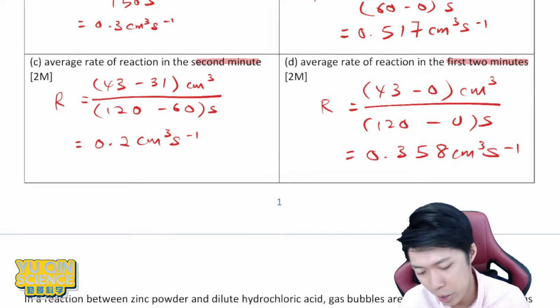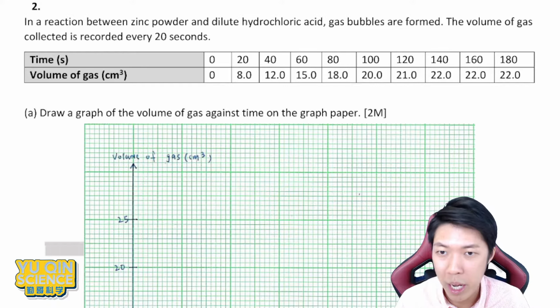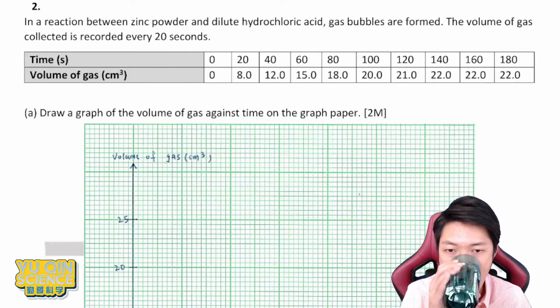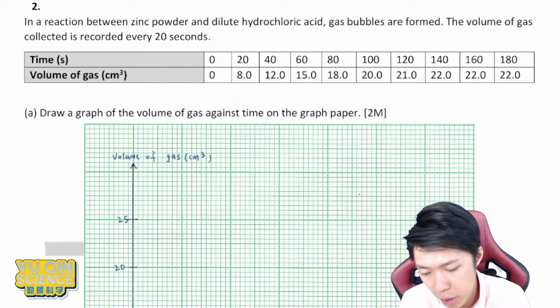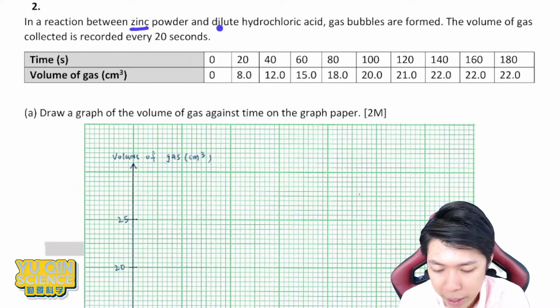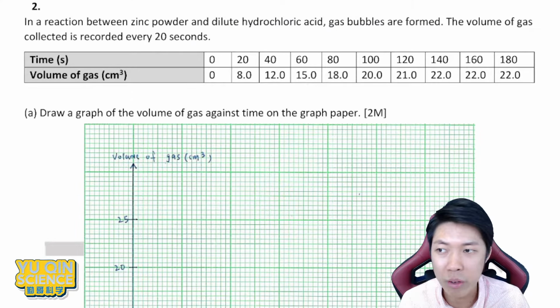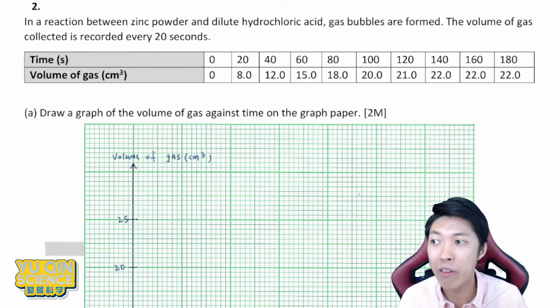Okay, we try another question. Question number 2, which is with graph. Okay, shall we? If you have graph paper or you have printed my material out, then you have this page with you, yeah? Okay, so zinc powder in dilute hydrochloric acid, gas bubbles are formed. Well, if you don't even know what this reaction is, that's fine. That doesn't matter, because what we're looking at is rate of reaction, how fast they react.